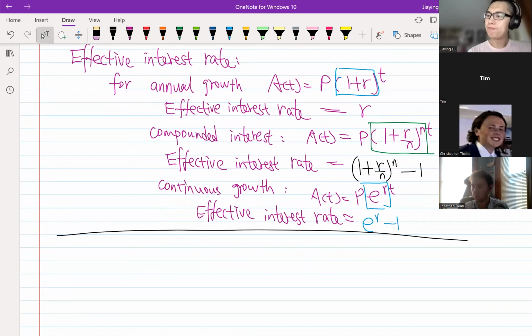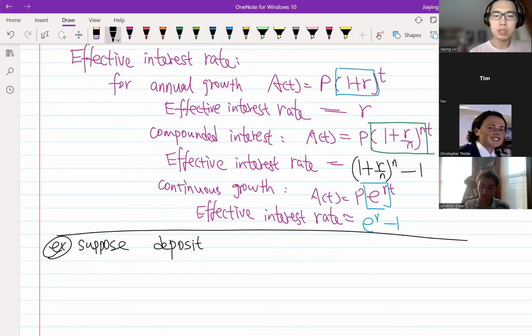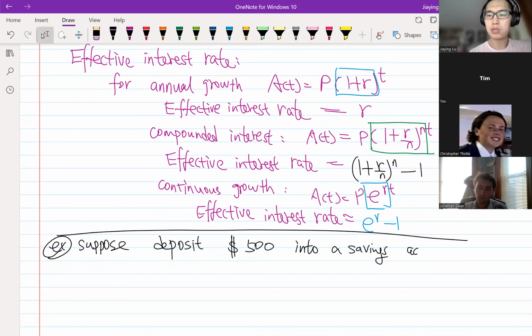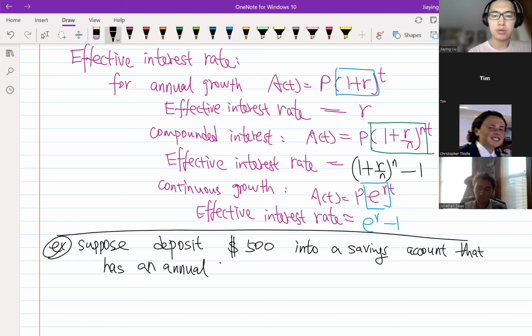So let's see, suppose we deposit $500 into a savings account that has an annual interest rate of 0.3%.